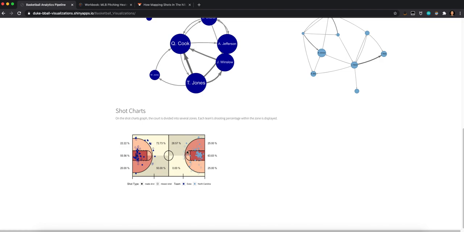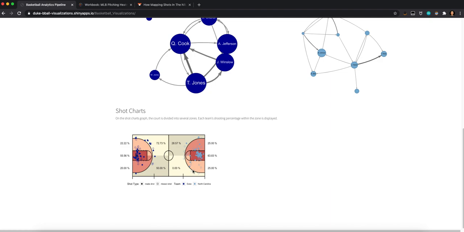On North Carolina, it's kind of the opposite. You can see that their distant shots are not very strong, but the filled in dots in that area called the paint, so really close to the basket, are much higher, a really high density of those.